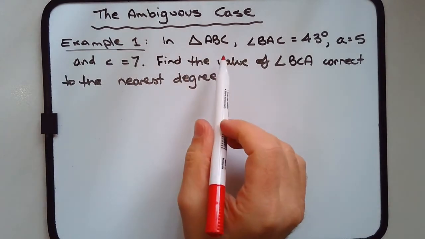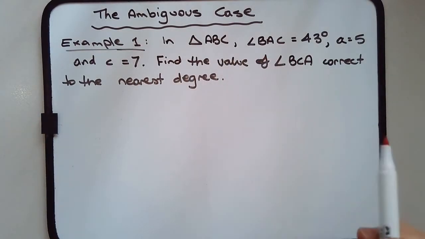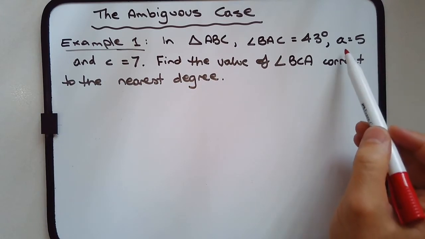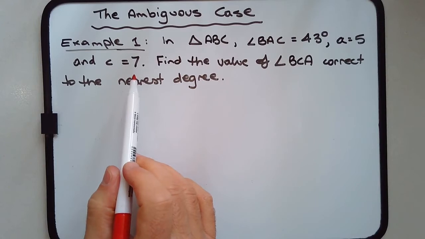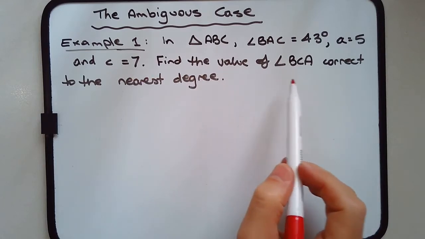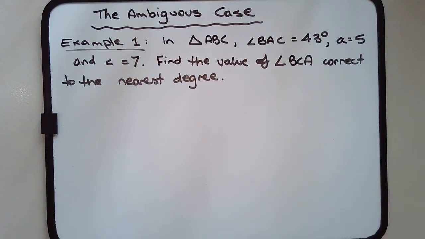In triangle ABC, angle BAC equals 43 degrees. Side A is equal to 5, and side C is equal to 7. Find the value of angle BCA correct to the nearest degree. But we're not told here whether it's acute or obtuse.